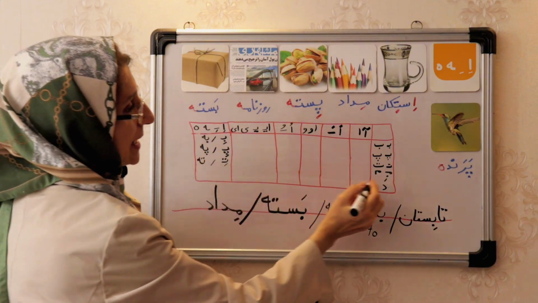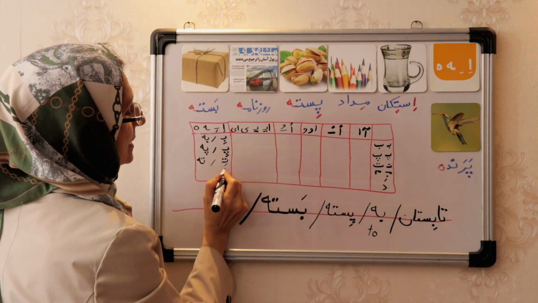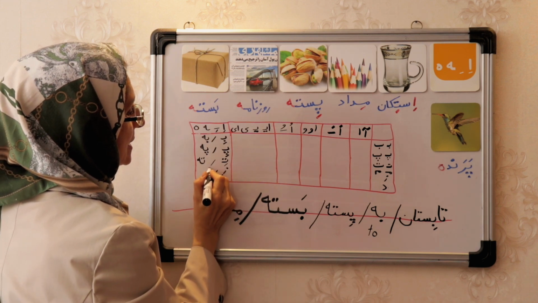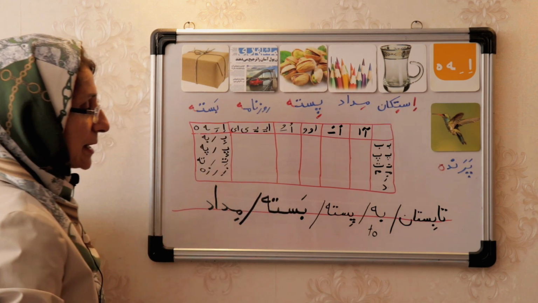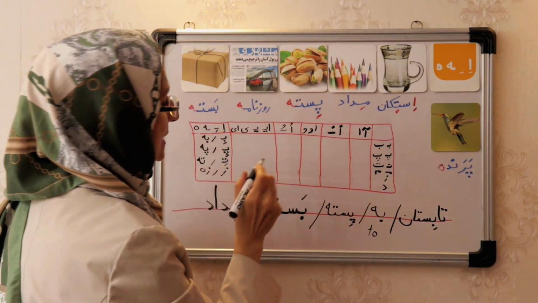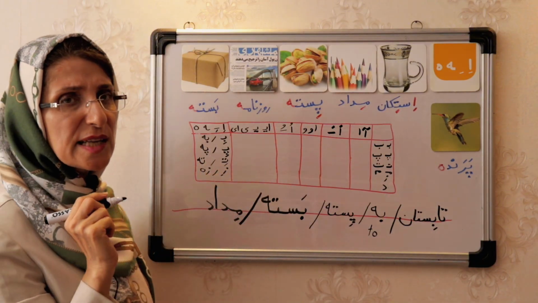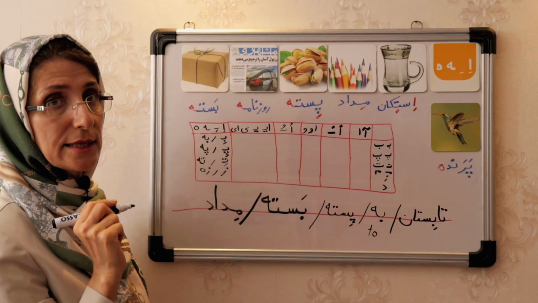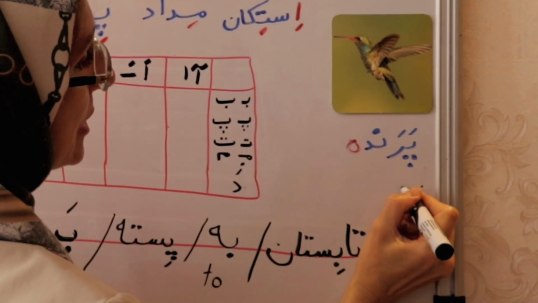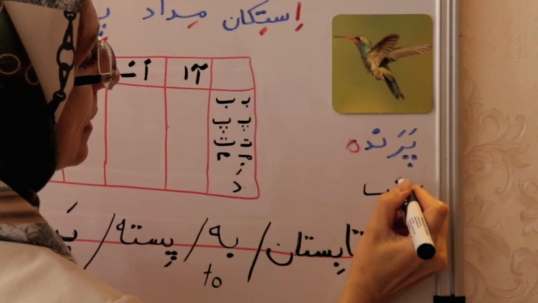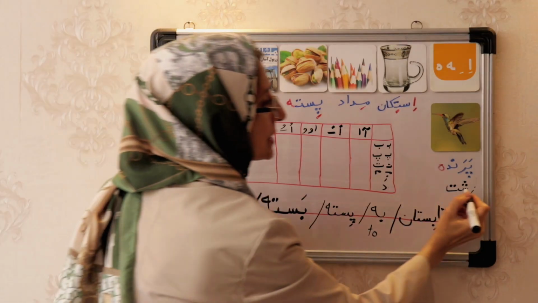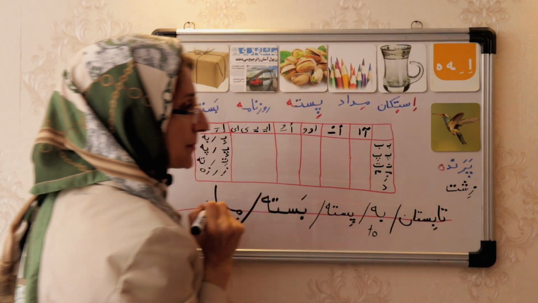And Z and A two form Z and Z. This Z can be like زشت, ugly. I write it here. زشت in Persian is ugly.